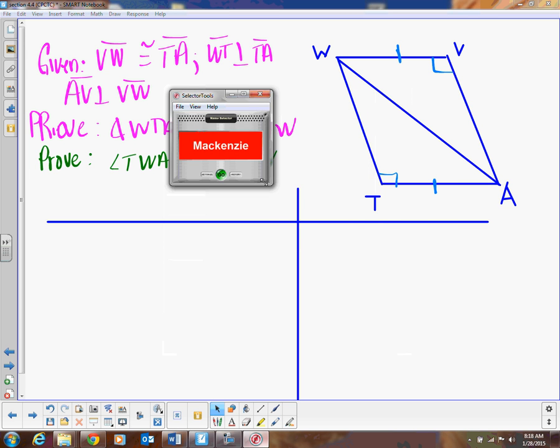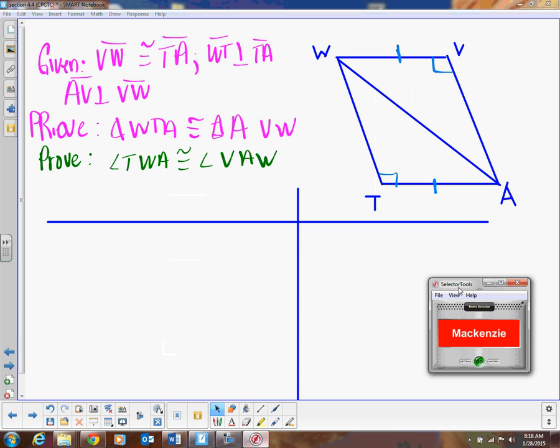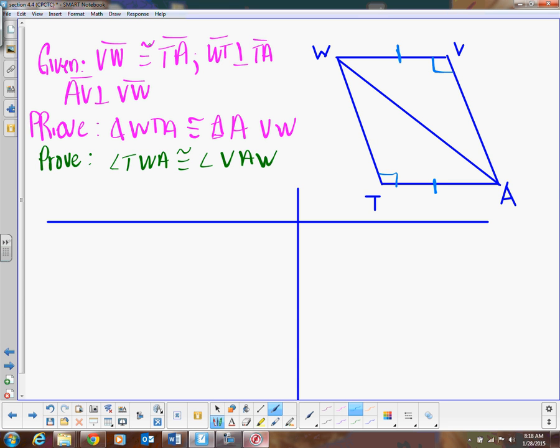Okay, Mackenzie, you're next. What I wanted to emphasize is that we have already used this part of the given, all right? We marked it. We've used this because we marked a right angle, and we've used this. So as you can see, the given is gone. So that means, Mackenzie, that we're going to look at that picture, and there's two things we can pull from a picture. What are we going to mark on this one? WA. And what do we know about WA?